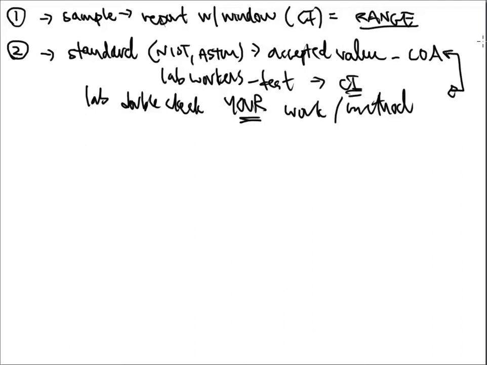And again, most of the time, it is the 95% window that we use. We are 95% confident that the true value lies within this range, and hopefully if we've done it the right way, those numbers will actually begin to talk to each other and make sense.